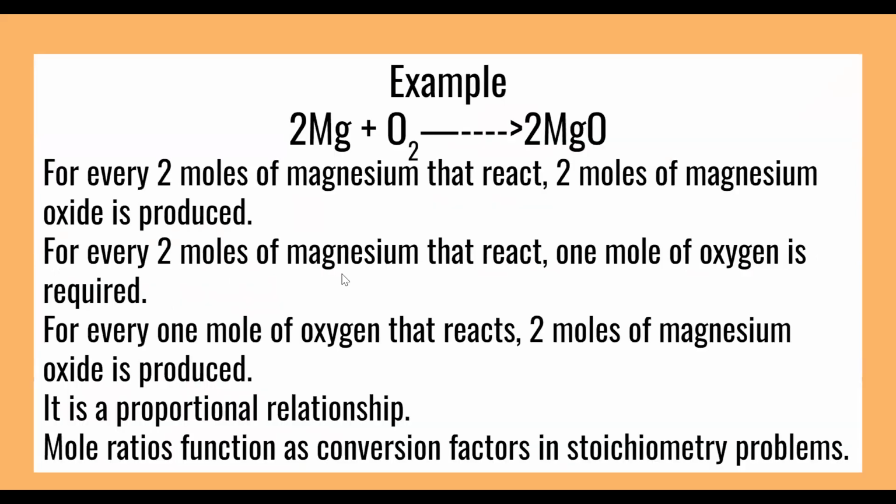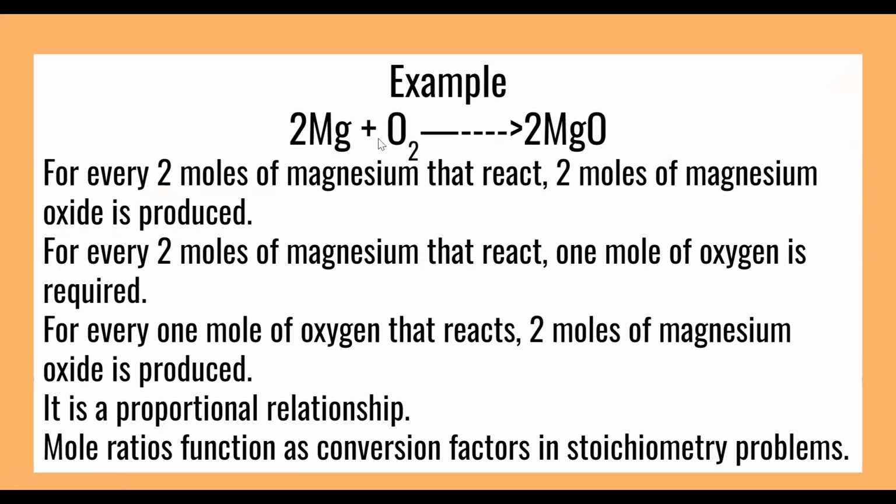So looking at this particular equation, for every 2 moles of magnesium that react, 2 moles of magnesium oxide is produced. For every 2 moles of magnesium that react, 1 mole of oxygen is required. Look at it here.